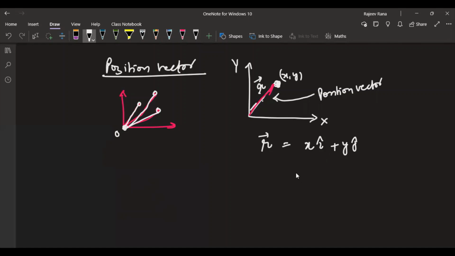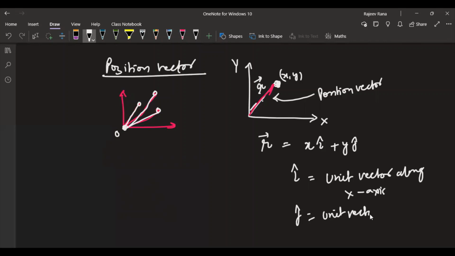Now what is i cap here? i cap, j cap, and k cap are unit vectors. i cap is the unit vector along the x-axis, j cap is the unit vector along the y-axis, and k cap is the unit vector along the z-axis.